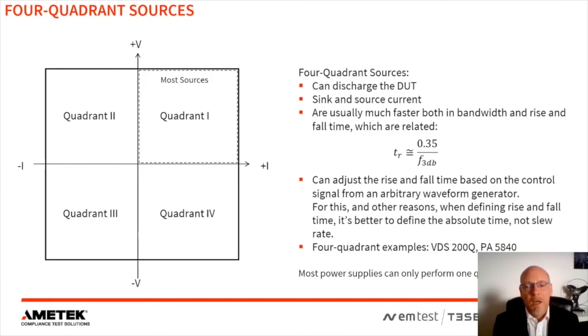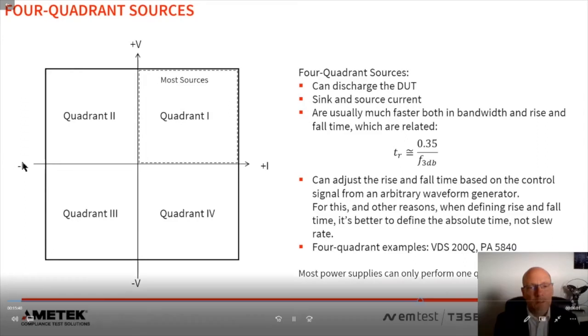Some examples of 4-quadrant sources, there are a lot of them out there, but at the moment we have almost exclusively 4-quadrant sources with our Arvidius 200Q, which came out a few years ago, and the PA5840 available from Tesec. It's important to note that most power supplies can only perform basically quadrant 1 type tests.